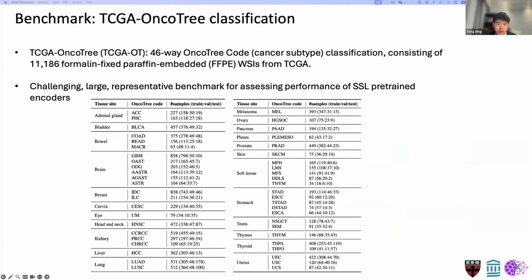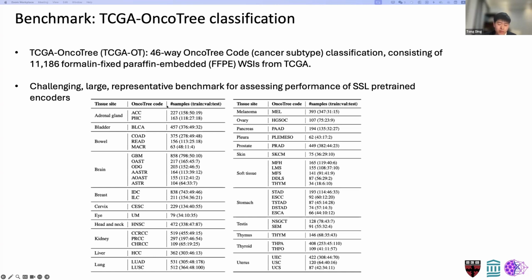And the second benchmark is called TCGA OncoTree. It is a 46-way OncoTree code classification task consisting of about 11,000 FFPE slides from TCGA.